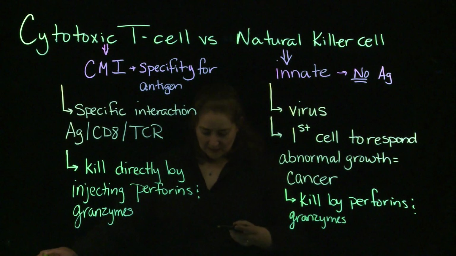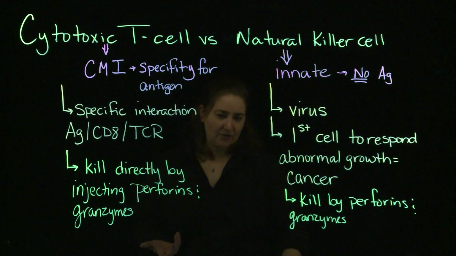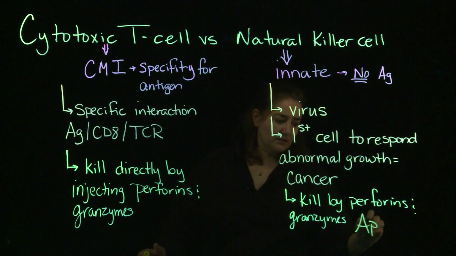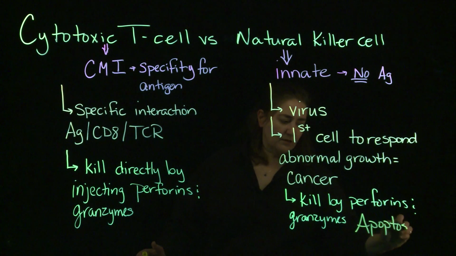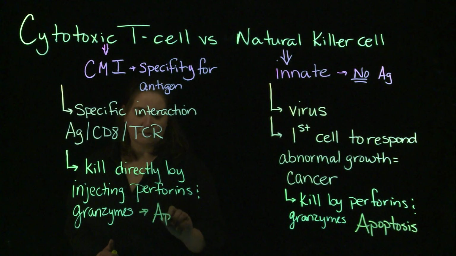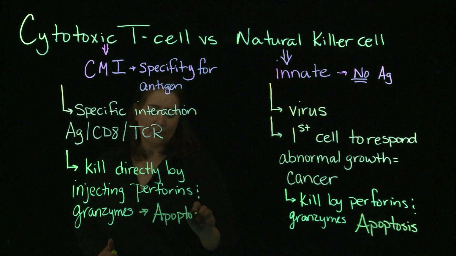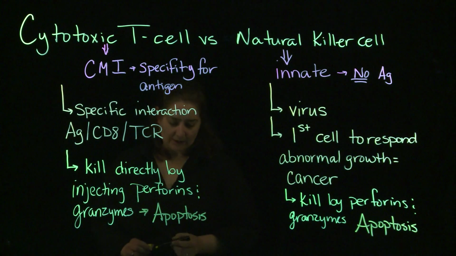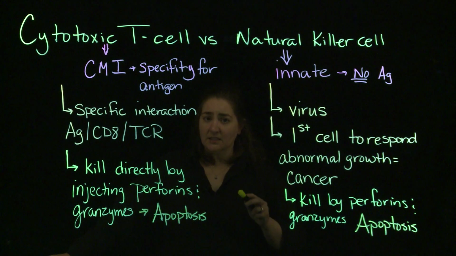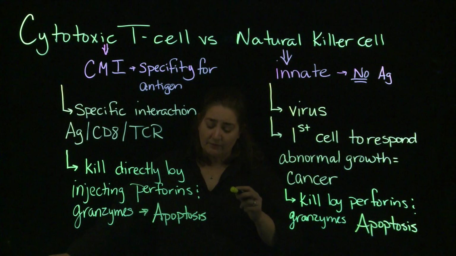And essentially what you're going to get is a targeted cell death by apoptosis on both accounts. Cytotoxic T cells are also going to target virally infected cells, and they're going to target cancer cells.